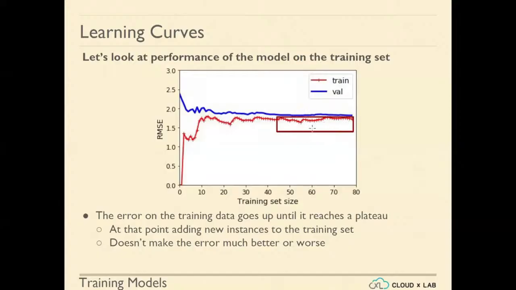So if adding new instances to the training set doesn't make the error much better or much worse, then we can stop at that point. For example, here you can see that even after adding 70 data points, if you add some more, you will get a similar trend.